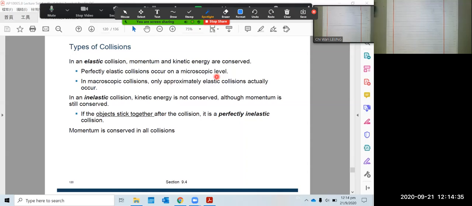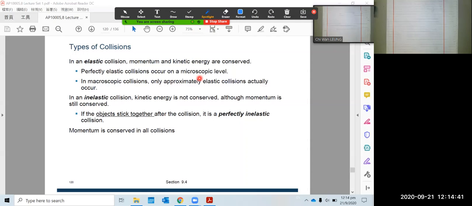Or if you have a spring that is involved in a collision, then you could store the energy in the elastic spring, and that would be an elastic collision. Most of the time, it would be inelastic collision.